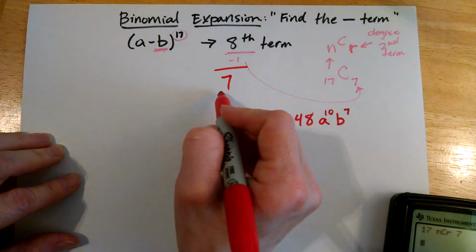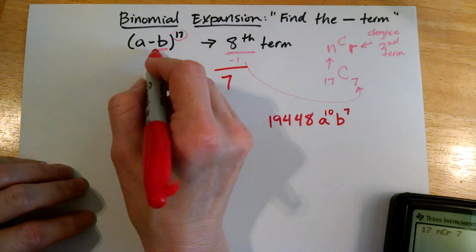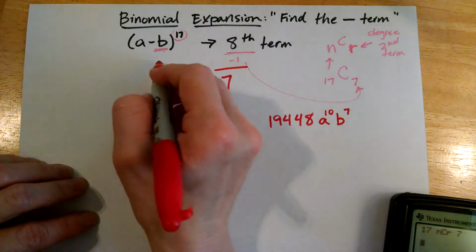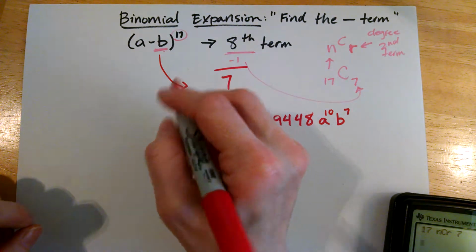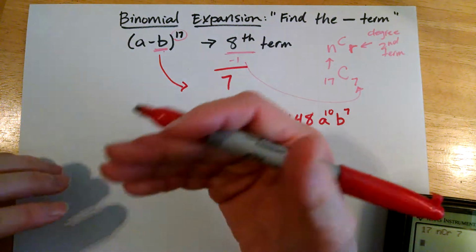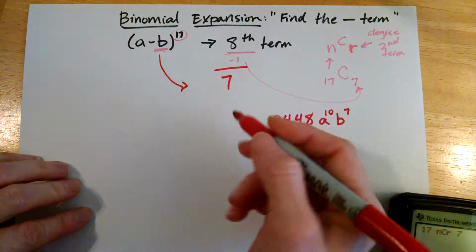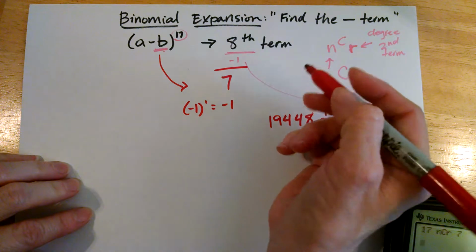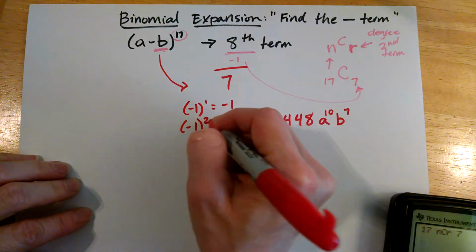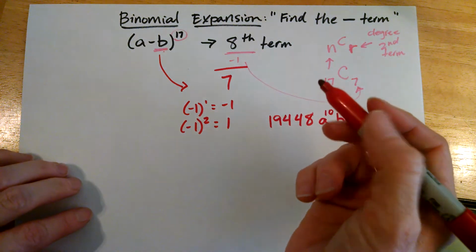Okay, and that's going to be b to the 7th. Now, if we have a negative in front of that second term, we know that a negative number raised to an odd power will keep it negative. For example, if we had negative 1 to the first power, that's going to be negative 1. But negative 1 to the second power, that's going to be a positive.